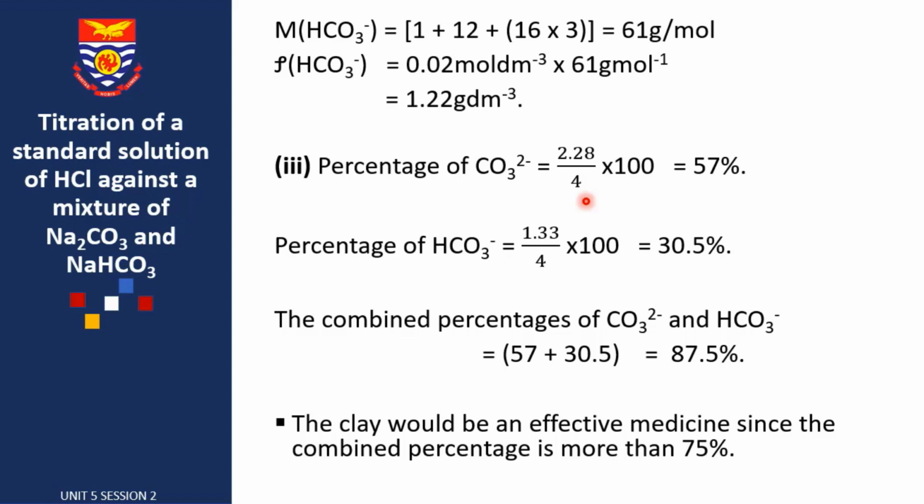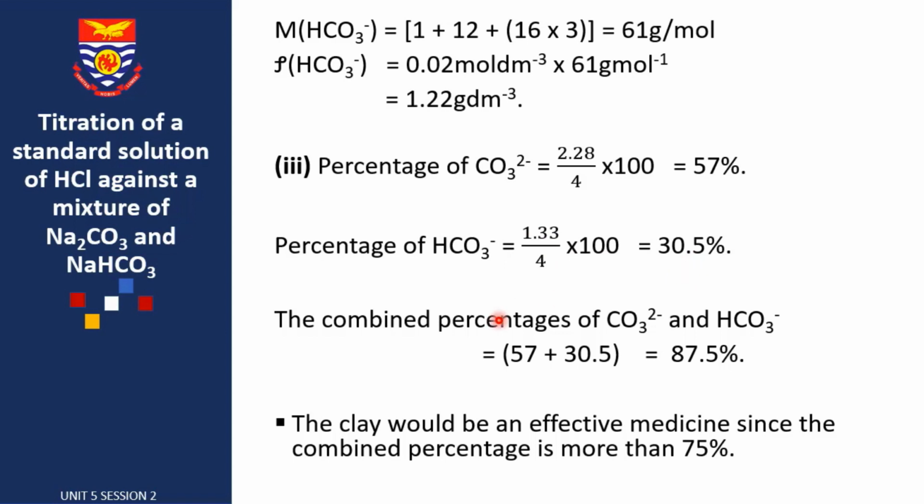It's just its mass, that is 2.28 grams, but the volume is 1000 cubic centimeters. So don't be confused. This mass here, we divide by the total mass, multiply by 100, and it gives us the percentage of the carbonate. And we do the same for the bicarbonate. Its mass over the total mass times 100, that gives us 35.